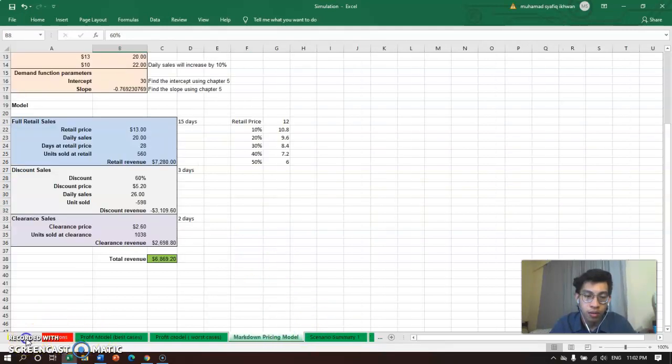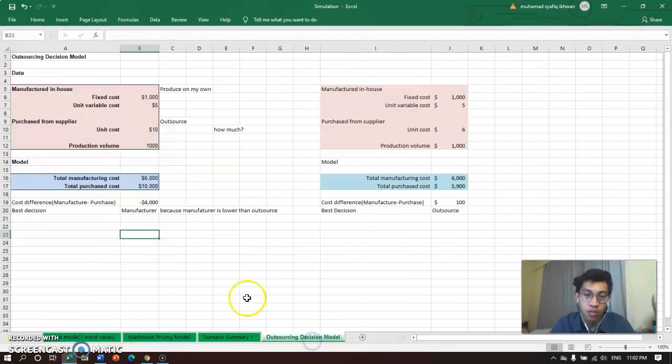We have my outsourcing decision model. So this is my outsourcing decision model. Whether it is better for me to produce on my own or to buy from a supplier. So after calculating it, I believe that I want to manufacture it on my own instead of buying from suppliers.